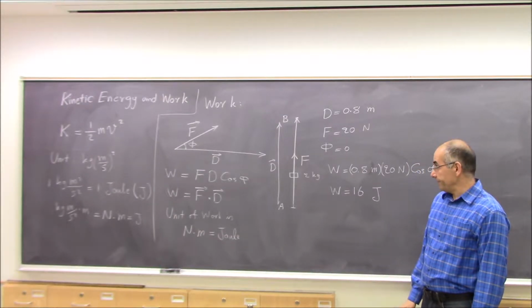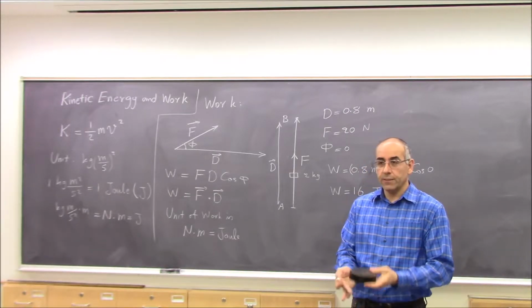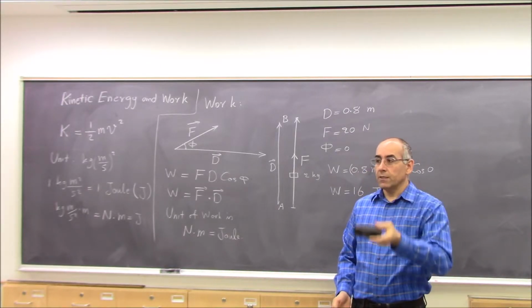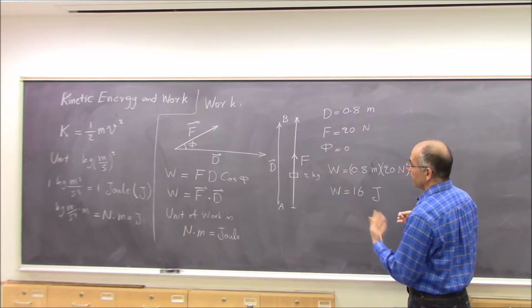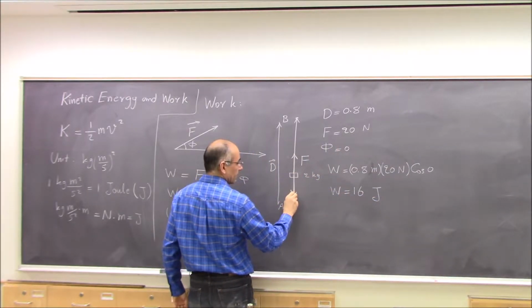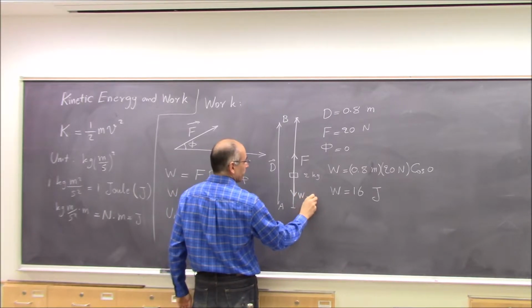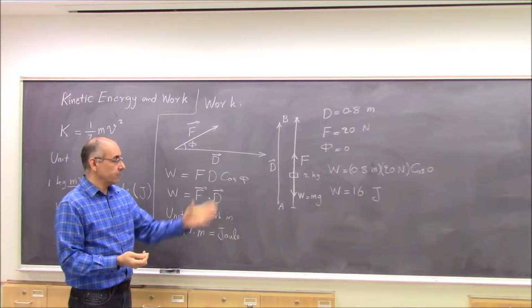Alright. Once I'm moving it from here to here, 80 centimeters up, the force of gravity is also acting on it, right? So how much is the work of gravity? The force of gravity is mg, which is 20 Newton again.